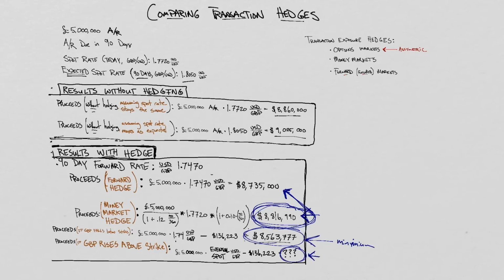And it could be even bigger than this 8.8 million that we see here. Ultimately, it just depends on whether I think the British pound is really going to strengthen over the next 90 days beyond the point of $8.8 million. That decides whether I want to do a money market hedge or an option hedge.